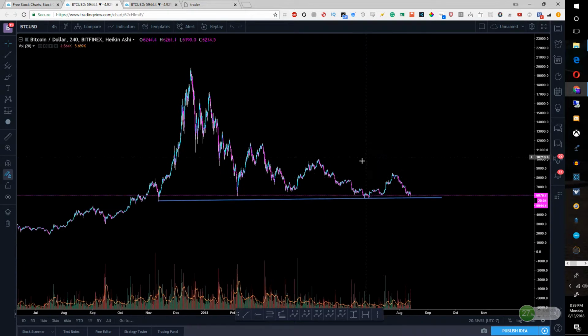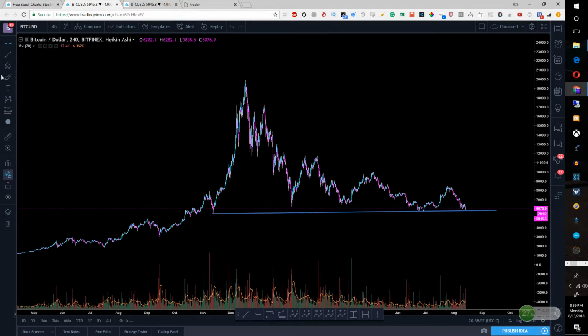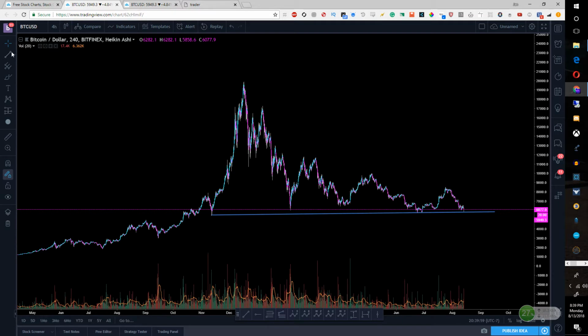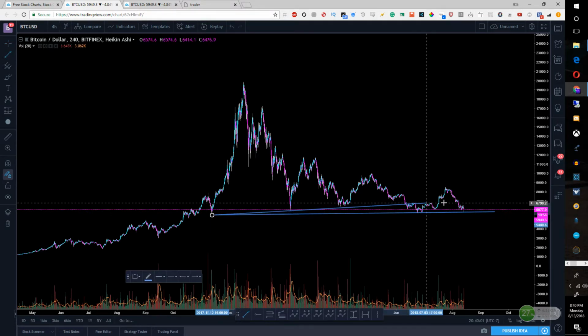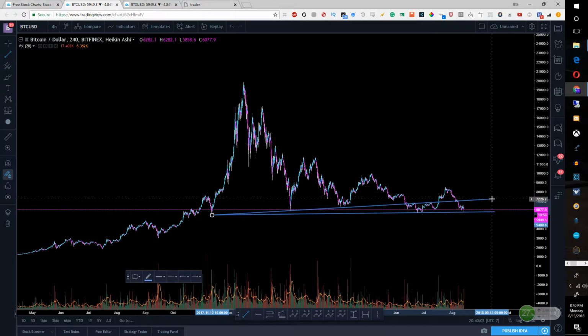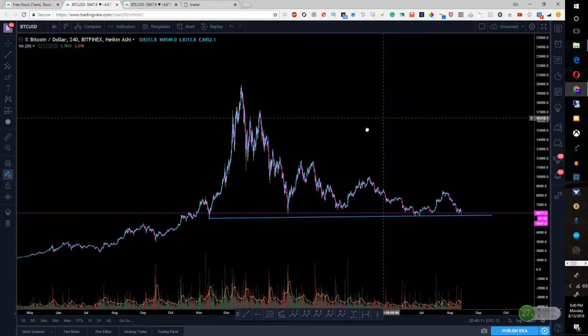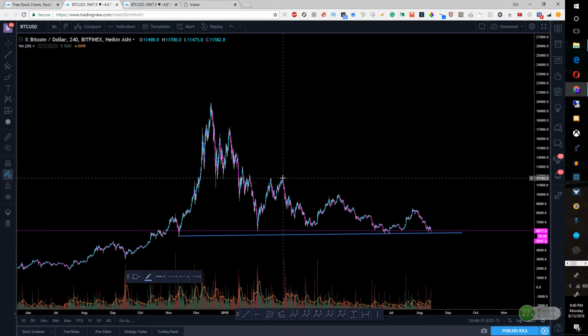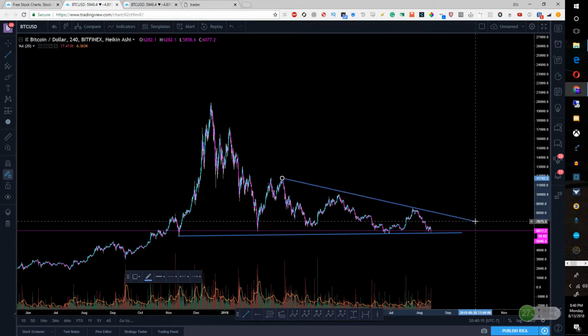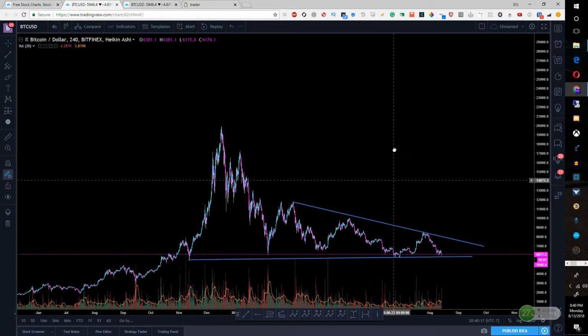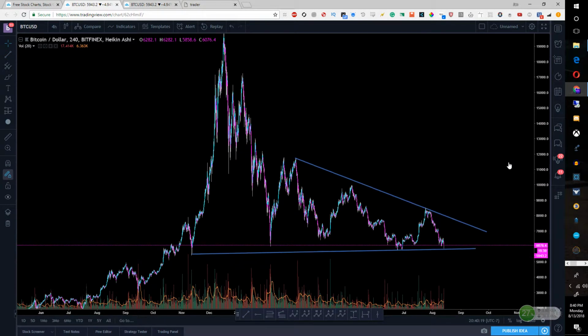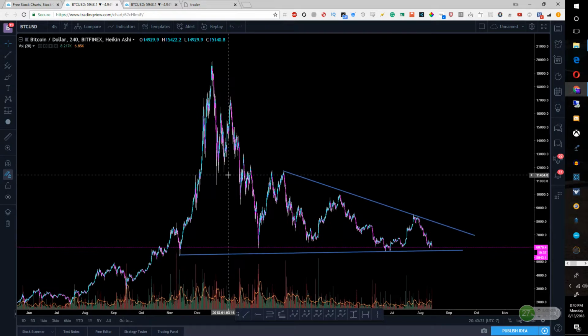That's the only real trend line I see right now, because this one right here that a lot of people were counting on, in my groups at least, broke. So that does not work anymore. And then we have this top trend line, making it into a sort of wedge formation.